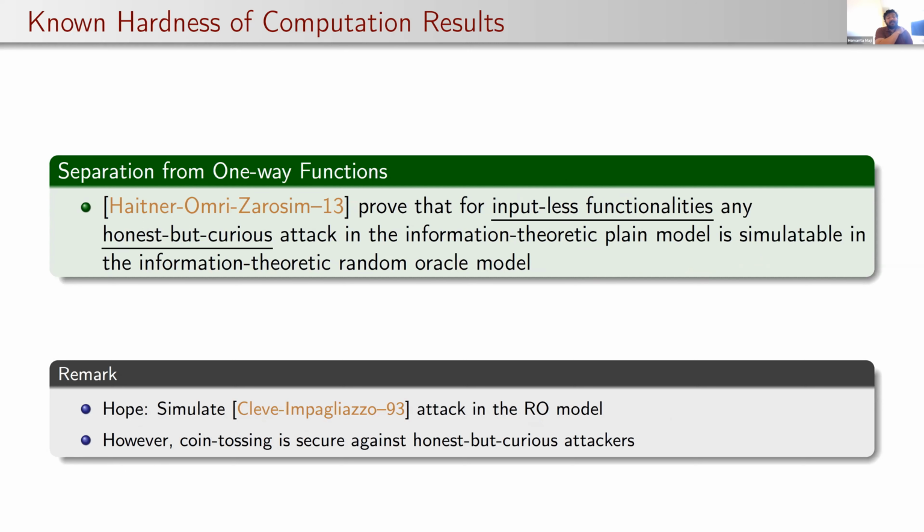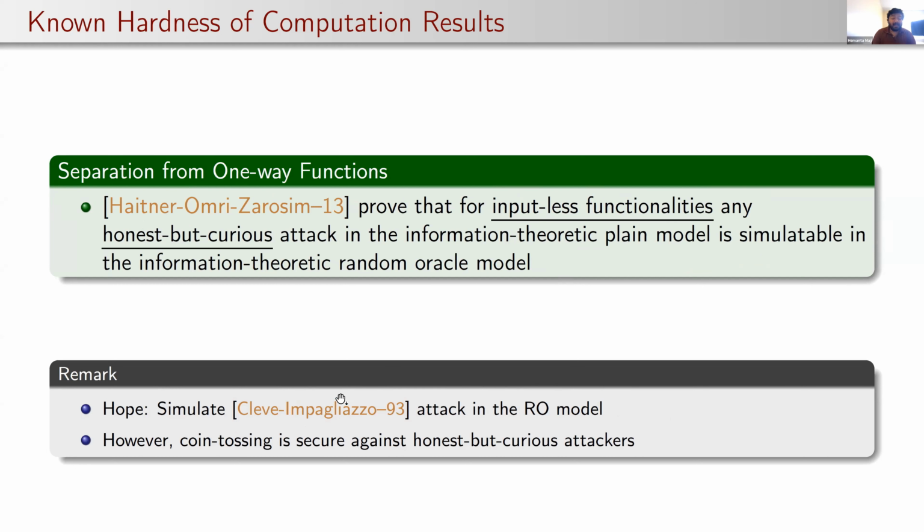In 2013, Haitner, Omri, and Zarosim proved that we can simulate Cleve and Impagliazzo's attacks in the random oracle model, or in a model where parties have access to a one-way function if the function has no inputs.